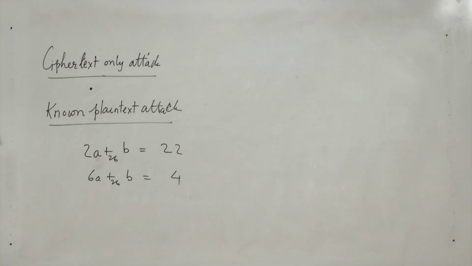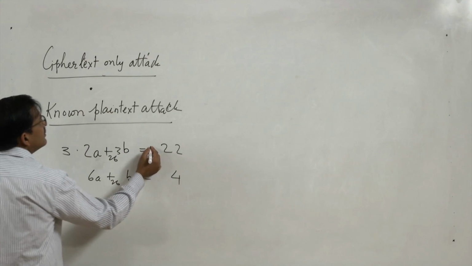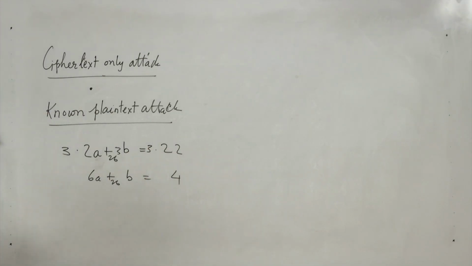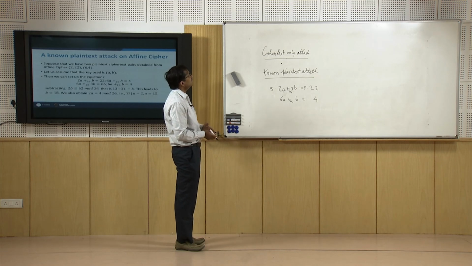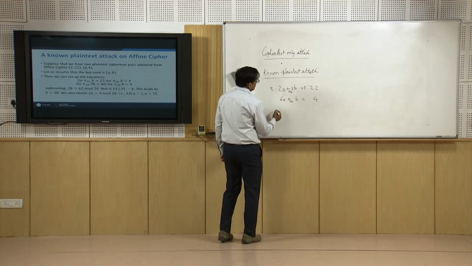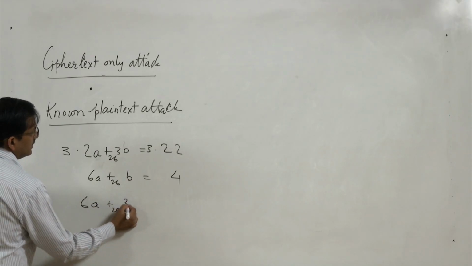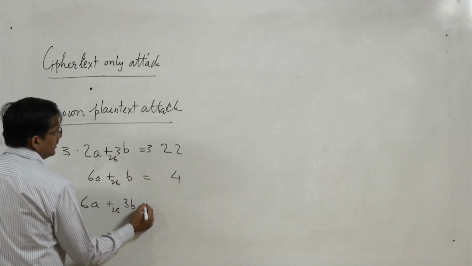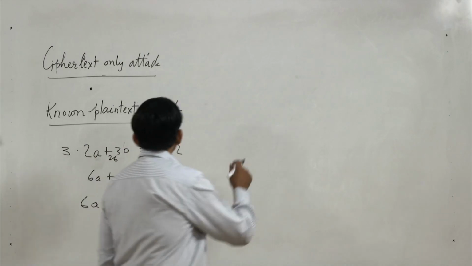Now, what I can do is to multiply the first equation by 3, because after all 3 is not 0 mod 26. I can do that and still this relationship will hold, and we obtain an equation 6A plus 3B equal to 66. So, we write these equations afresh.